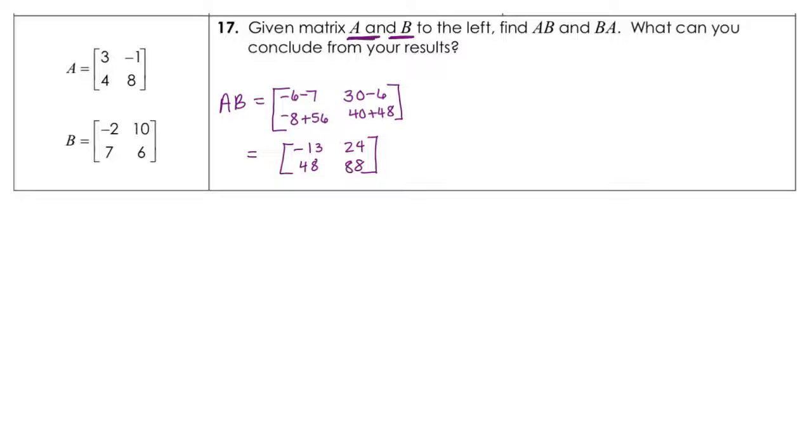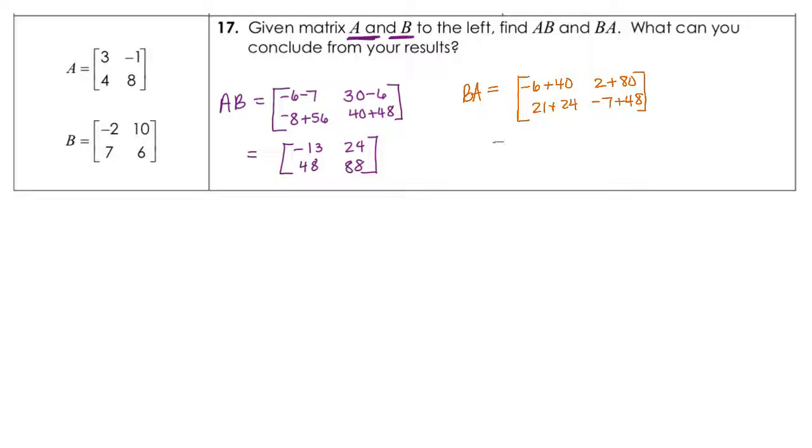Now let's swap these and let's find our product of B times A. Now we're used to the order not mattering when we do multiplication, but this one's going to be a little different. If we do B times A, we're going to get negative 6 plus 40, 2 plus 80, 21 plus 24, negative 7 plus 48.